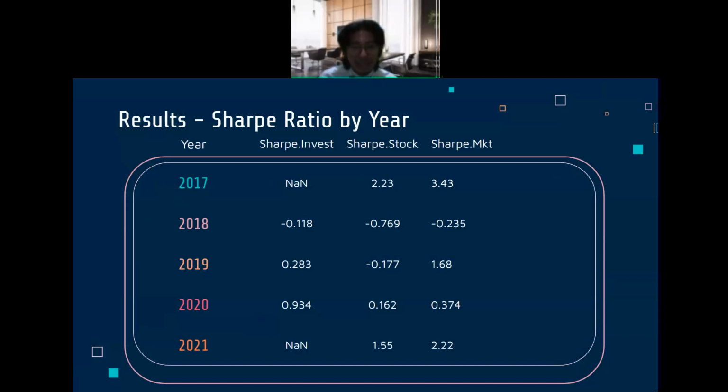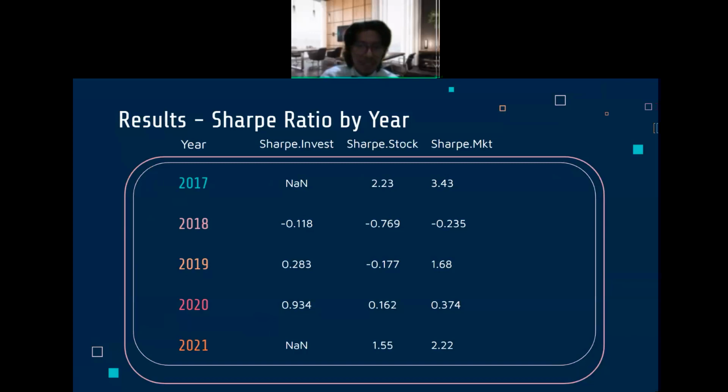In 2018, all of the values are negative, which means that all three Sharpe ratios, the trading strategy, the 3M stock, and the market Dow Jones, were underperforming that whole year.